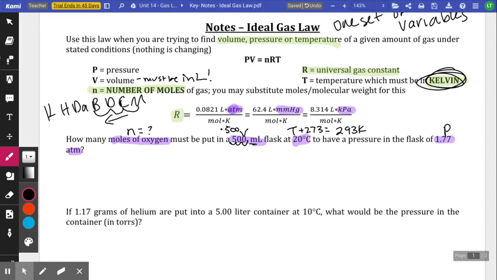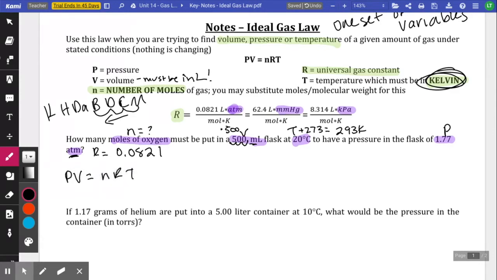So you guys can see we have P, V, n, and T. The only one we're missing is R. It's a constant, so we have to plug it in from our equation. Since my pressure is in atmospheres, my R value that I'm going to use is 0.0821. Okay, so now I'm going to take my equation, PV equals nRT.